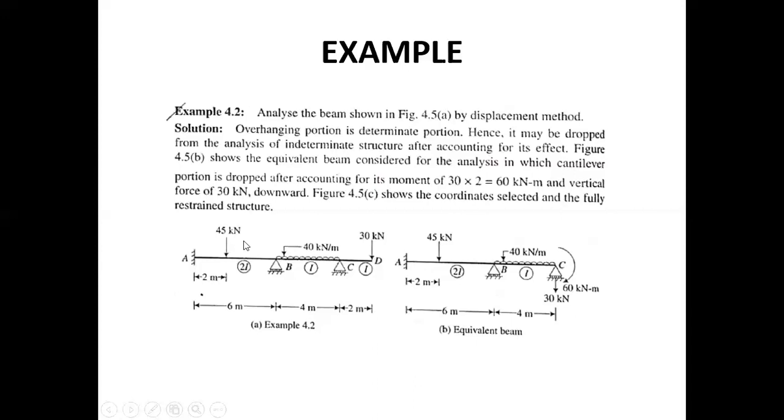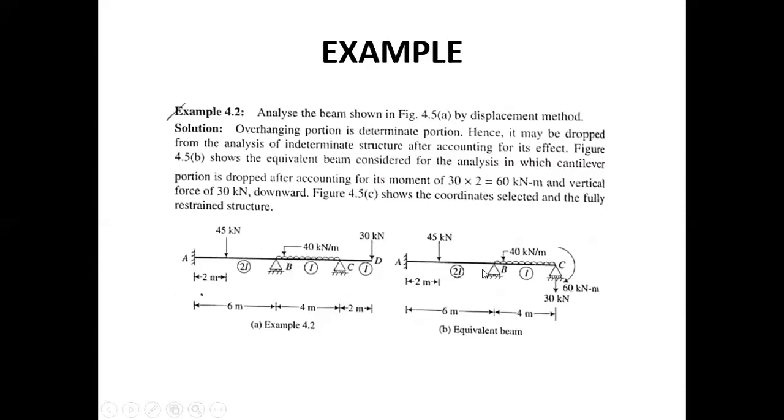A point load of 45 kilonewton is acting in the span AB. A UDL of 40 kilonewton per meter is acting in the span BC, and a point load of 30 kilonewton is acting in the span CD at point D. So basically, in order to analyze it, we'll make things more simple by converting this 30 kilonewton load into a moment, and the moment at C will be 30 multiplied by 2, that is 60 kilonewton meter.